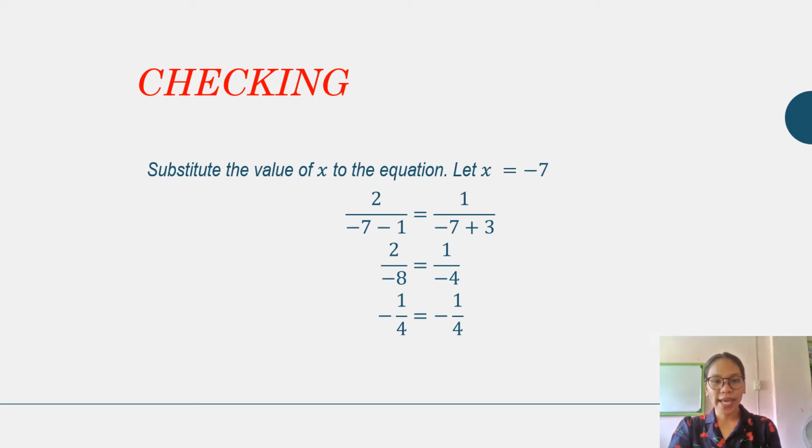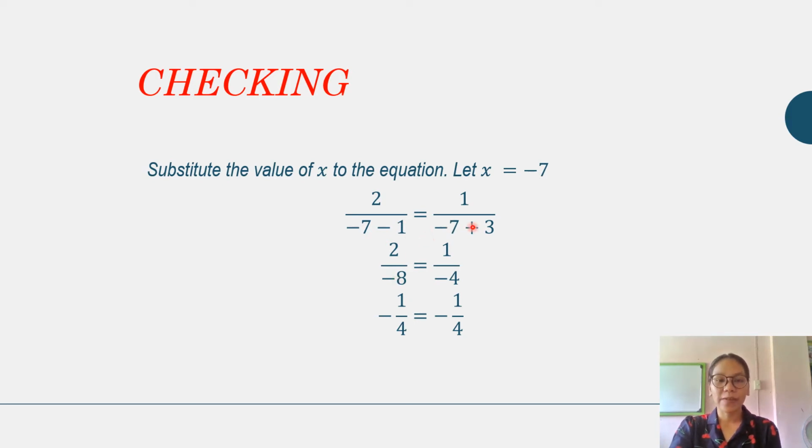Okay, checking, substitute the value of x to the equation. So let our x be equal to negative 7. So 2 over negative 7 minus 1 is equal to 1 over negative 7 plus 3. So copy yung numerator na 2, then we have negative 7 minus 1, that is equal to negative 8.